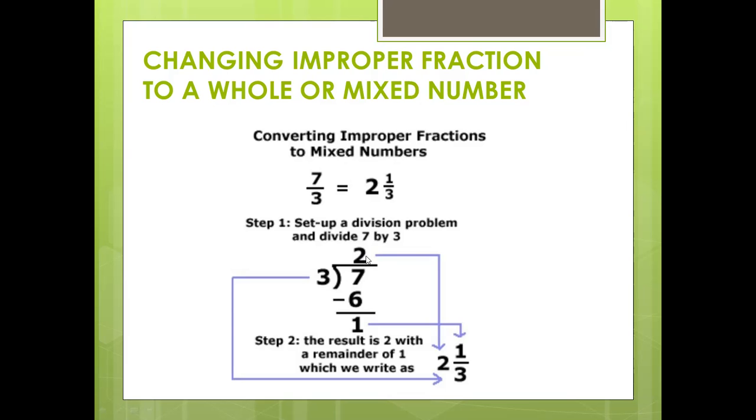And here is our quotient, and the quotient will become the whole number or the integer. And our remainder will become the numerator. And our denominator, or our divisor, will still remain the same as our denominator.